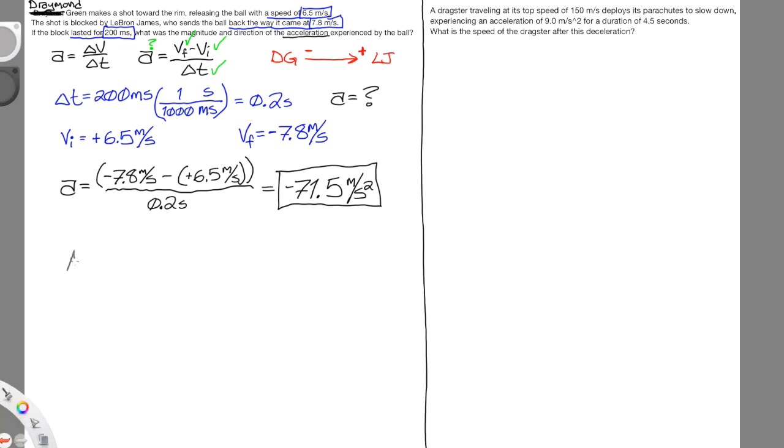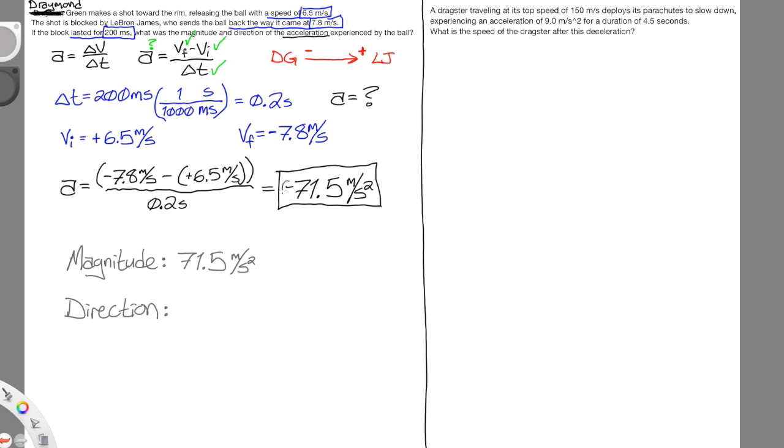So the problem asked for the magnitude of the acceleration. Magnitude does not have any direction, it's just the number with its units. So the magnitude of the acceleration was 71.5 meters per second squared. For the direction, we need to look at our coordinate system and at the sign of the answer.